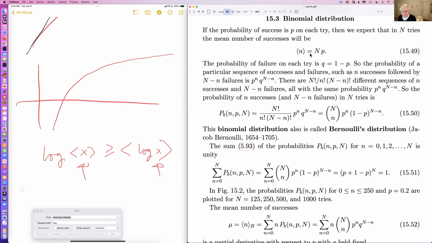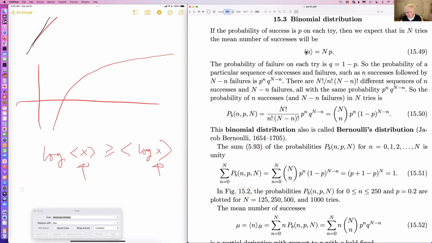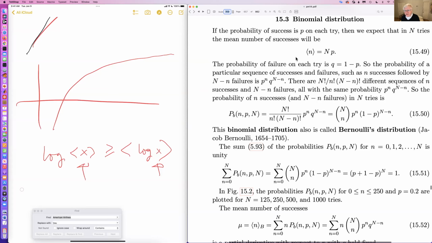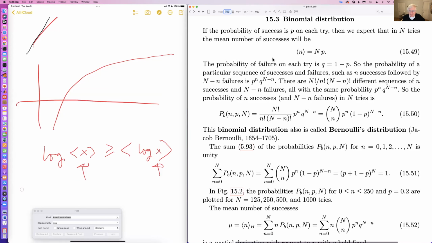By the way, I just label things without thinking enough, and I shouldn't have used little n and big N. This could be little n and this one could be k. Using n for two different things is bad notation, and so I should change that.